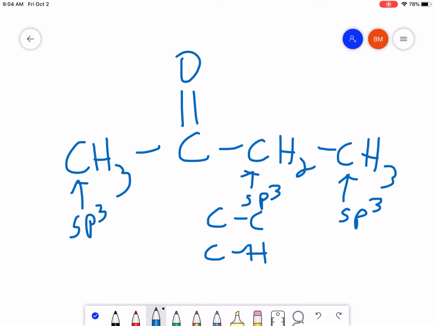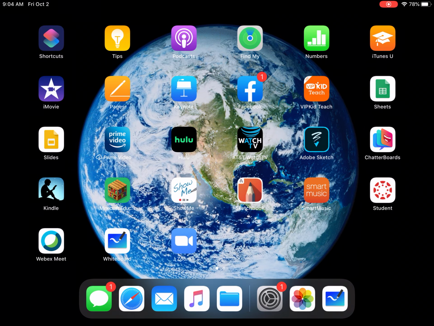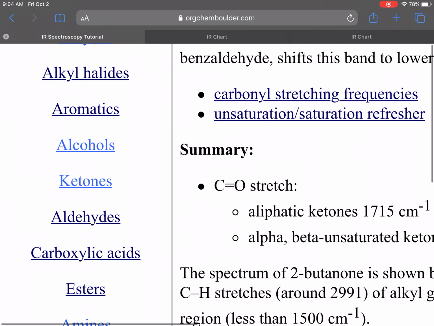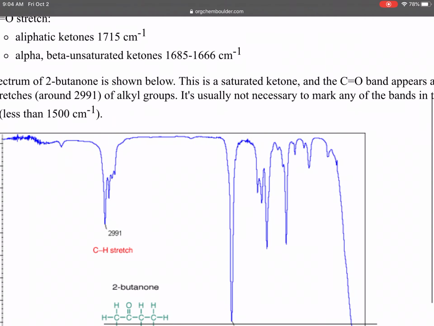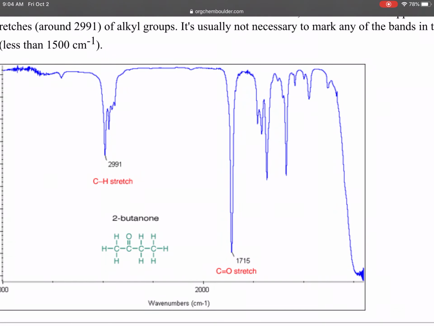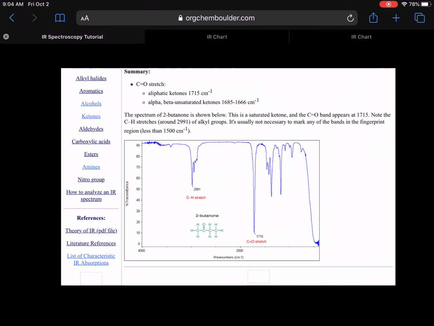So for a ketone, what you see is a carbonyl and really nothing else that interesting. Like I said, the sp3 CHs don't really tell you much of anything. So in this example, the only one that we can really get any information on is that carbonyl. So by default, we would probably label this one a ketone.